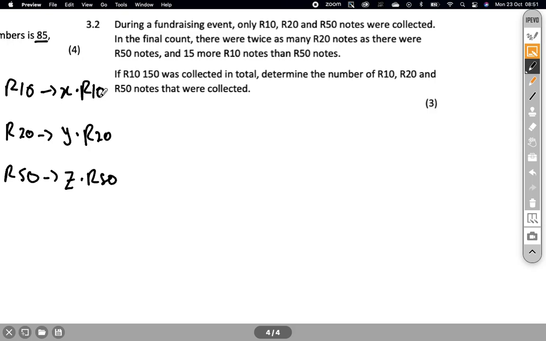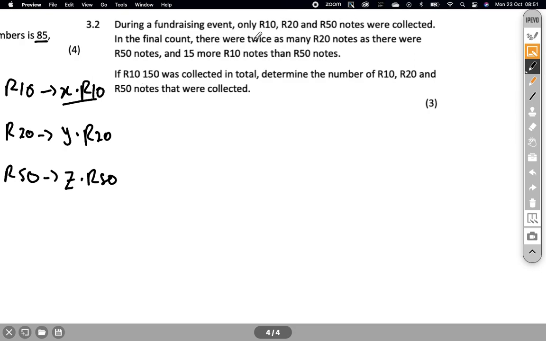This will give us the amount of money that the 10 Rands gives us. So if you collected 2 10 Rand notes, in total you collected 20 Rand. This is just an example. Now let's go to the question.